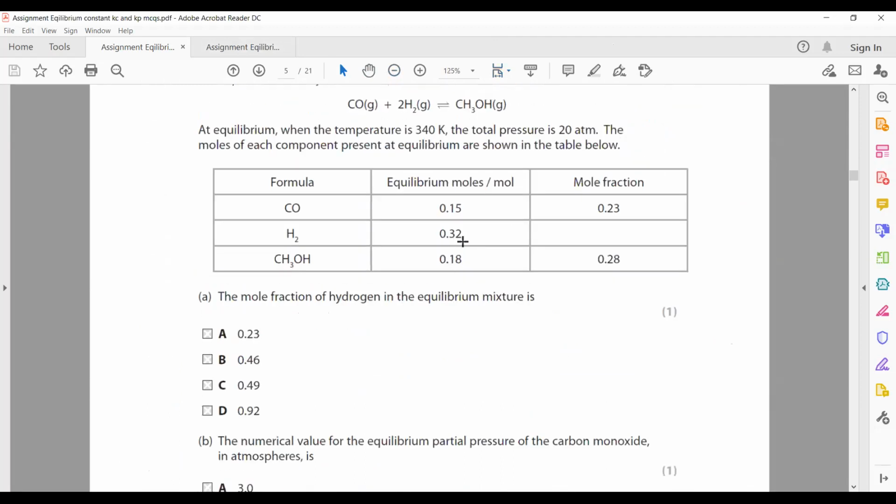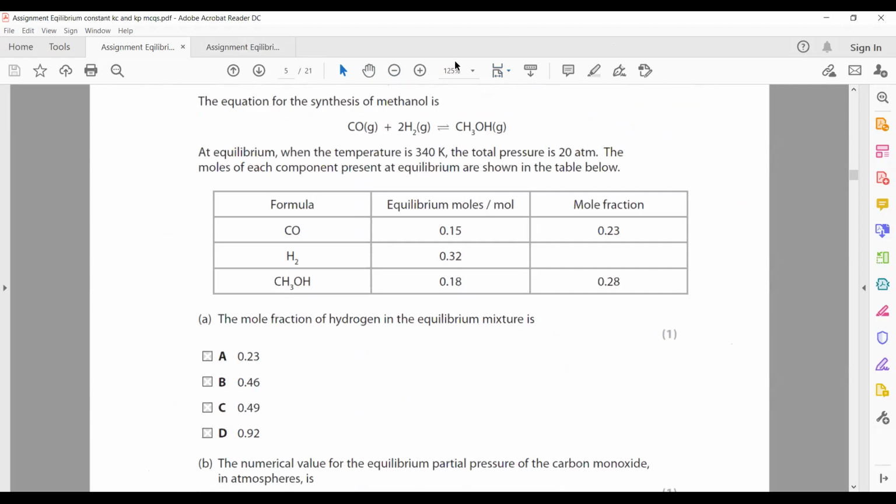Then at equilibrium, when the temperature is 340, the total pressure is 20 atm. The moles of each component present at equilibrium are shown in the table. You have moles at equilibrium, 0.515 moles, 0.23 moles, and mole fraction. What's the mole fraction of hydrogen? How do we get the mole fraction of hydrogen? If I need the mole fraction of hydrogen, it's the number of moles of hydrogen divided by the total number of moles.